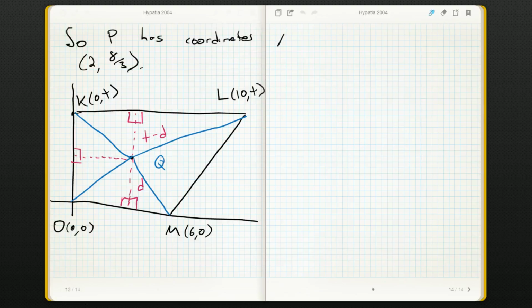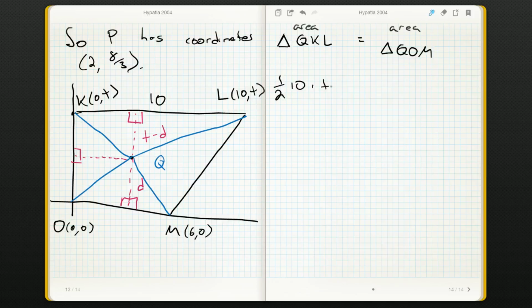Okay, so the area of QKL must be equal to the area of triangle QOM, and we have calculations for those in terms of T and D. So QKL has a base of 10, so 1/2 base times the height, which is T minus D. And then we have a base here of 6, so 1/2 times 6 times D. So we get 5T minus 5D has got to be equal to 3D.